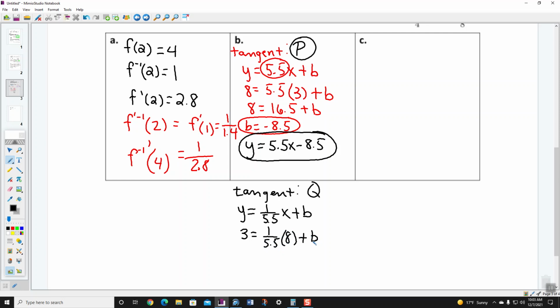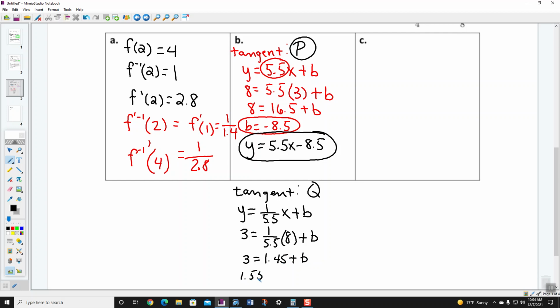Oh, my lord, kids. 16 over 11, I have no idea what this is going to be. Is this 0.15? I don't know. 16 over 11 is 1.45 repeating, so I'm just going to call it 1.45. Is that okay? So I've got 3 equals 1.45 plus b. Subtract 1.45, I've got 1.55.